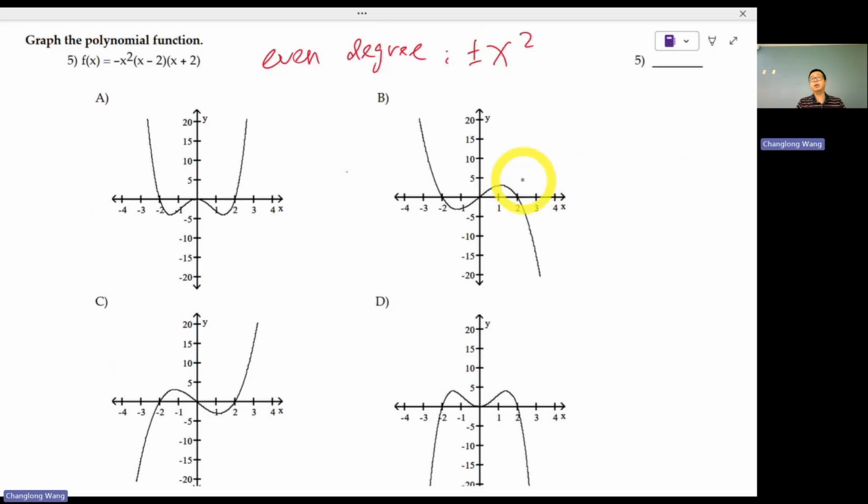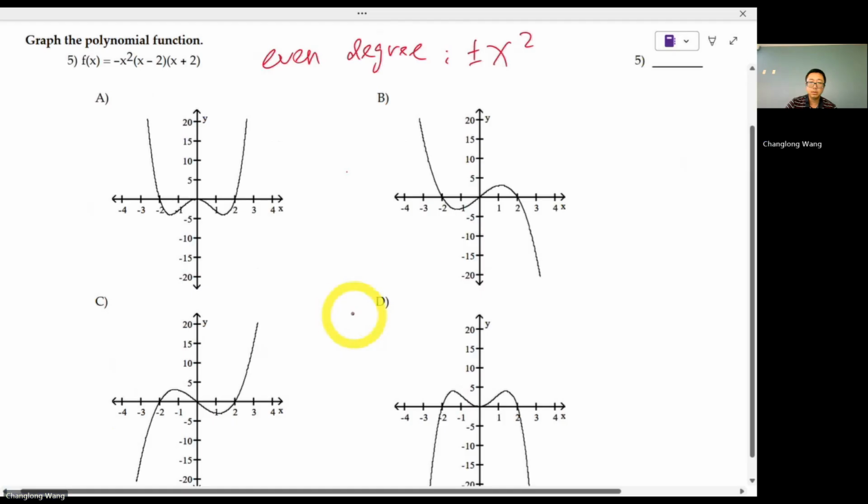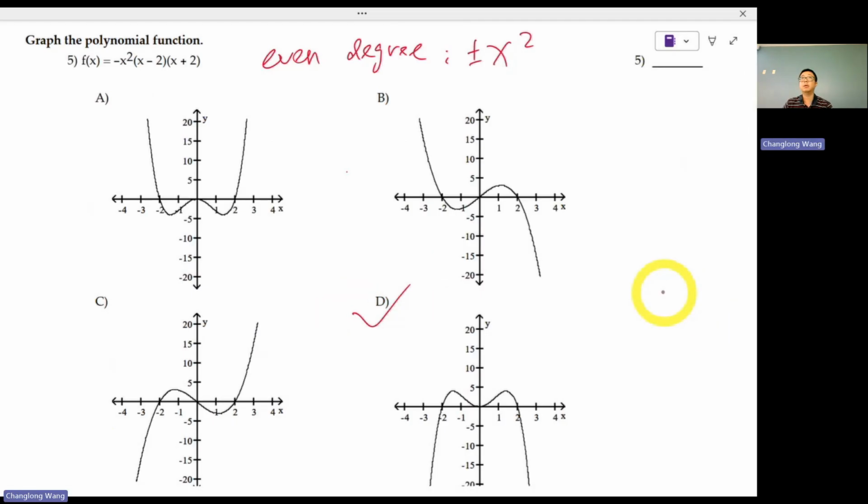So it's like a parabola on the far right and far left. It will have to rise on both sides or fall on both sides. In this case, you have a negative leading coefficient, so it's going to fall on both sides. It turns out that there's only one option that has the correct end behavior. You see that? That's the option you should go with.